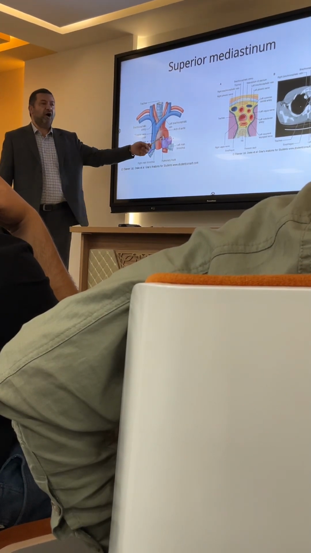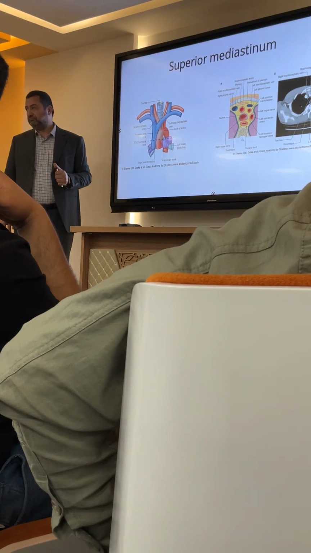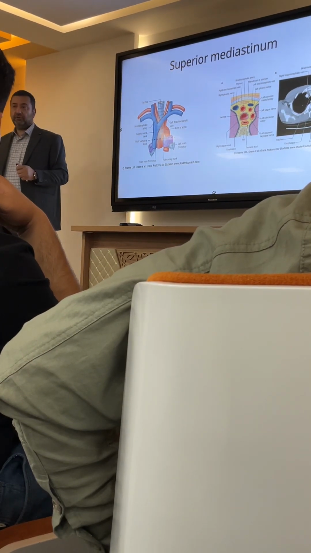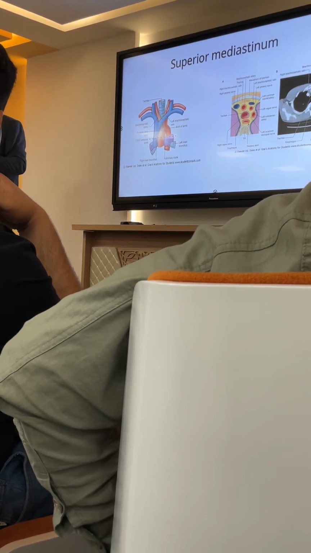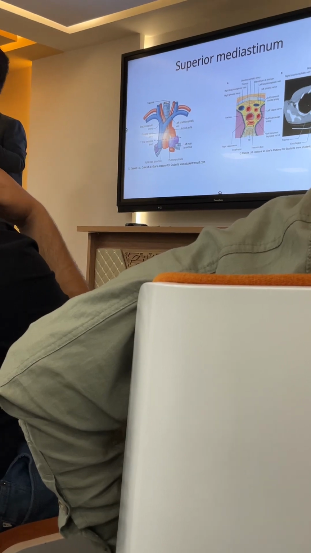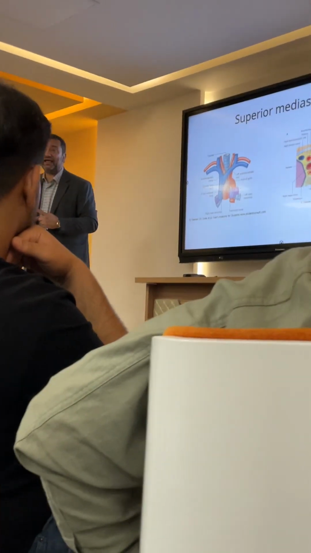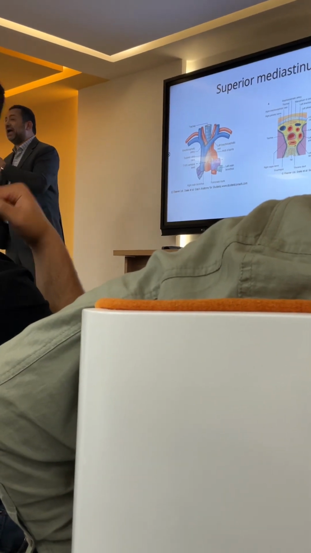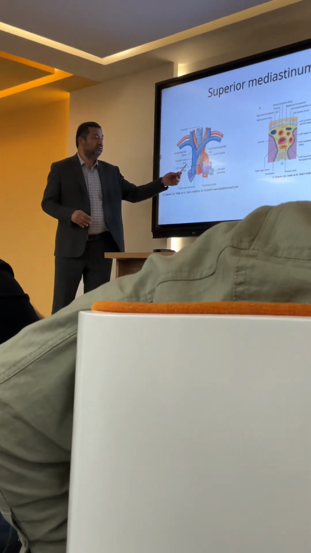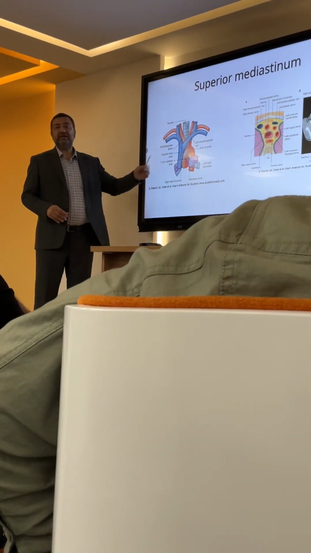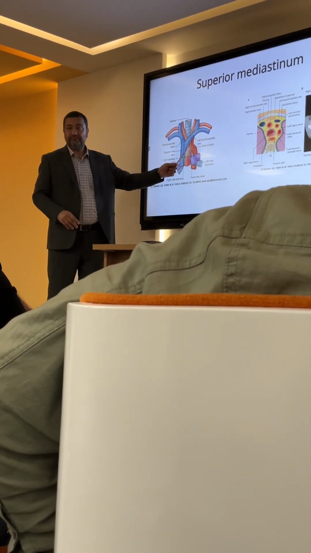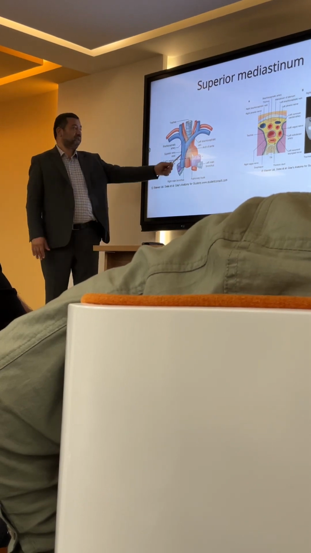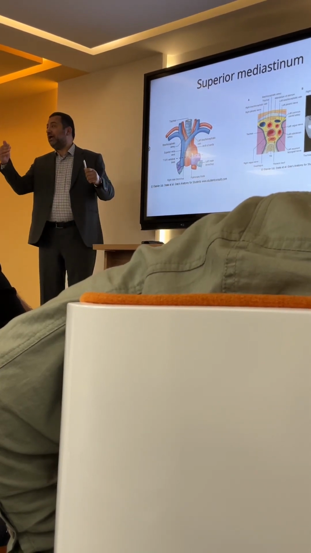You see here the arch of the aorta. You know that the ascending aorta emerges from the left ventricle and then ascends anteriorly and to the right side. At the level of the sternal angle, the ascending aorta becomes the arch of the aorta. The arch of the aorta at first is anterior to the trachea.